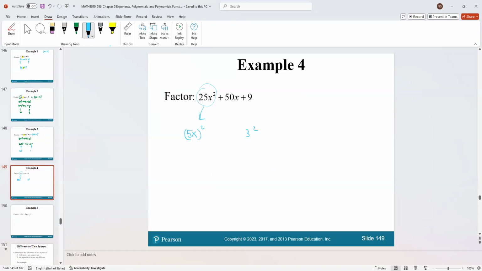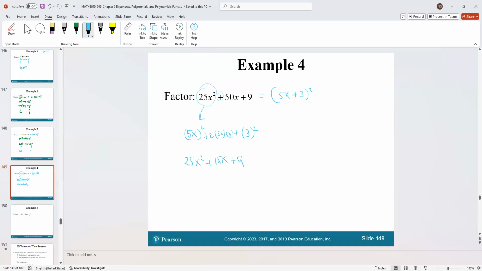Because this one is plus, we're going to say plus 2 times 5x times 3. So that gives you 25x squared plus 2 times 5 is 10 times 3 is 15x plus 9. So we agree that's how it's going to be: 5x plus 3 power 2.